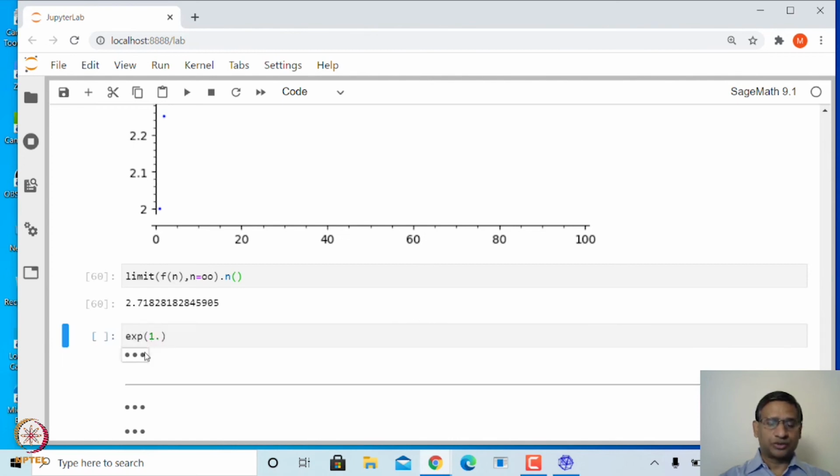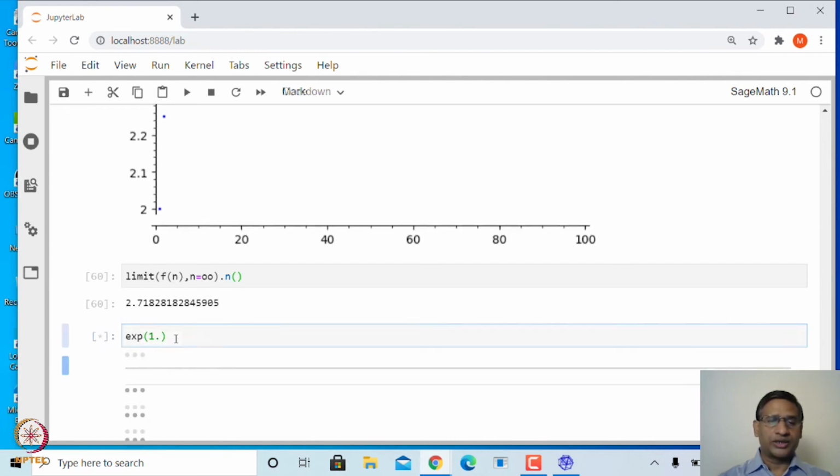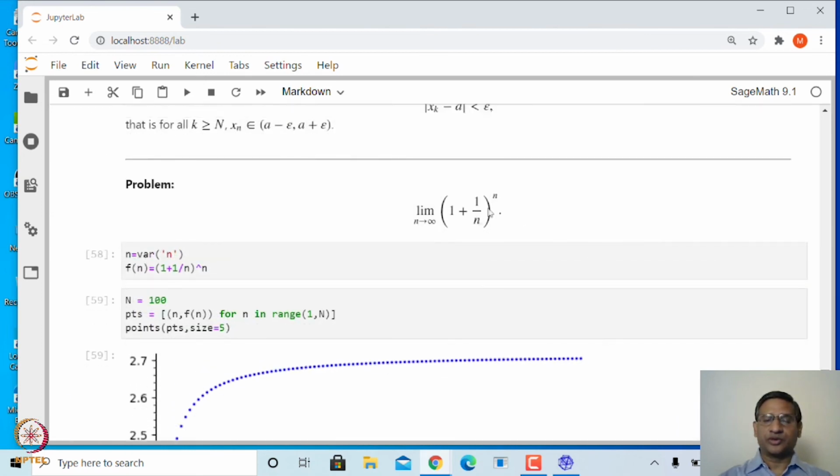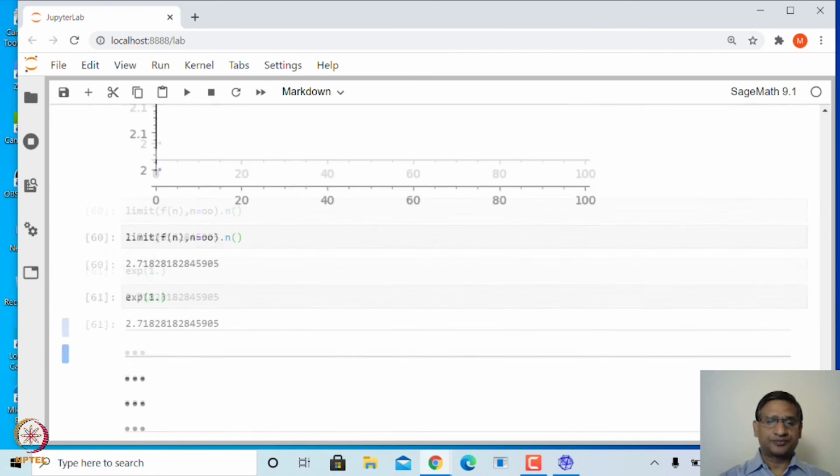Similarly, you can find out what is exponential of 1, and you can see that these two are the same. So, that is the limit of this sequence. This is a very important and very famous sequence, and it is actually a sequence of rational numbers which converges to E, which is irrational.